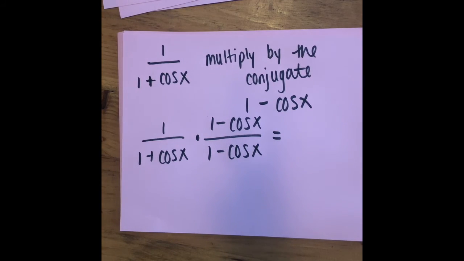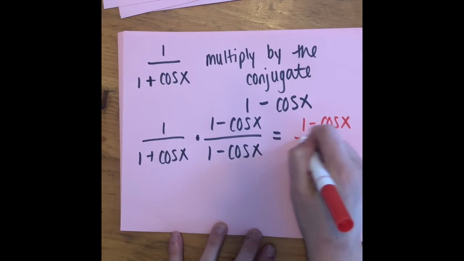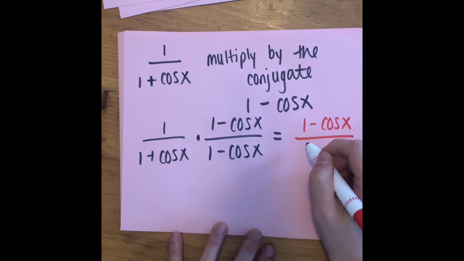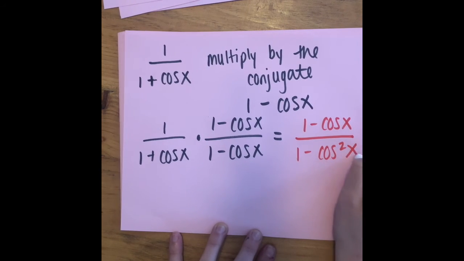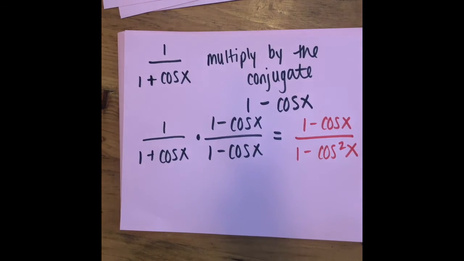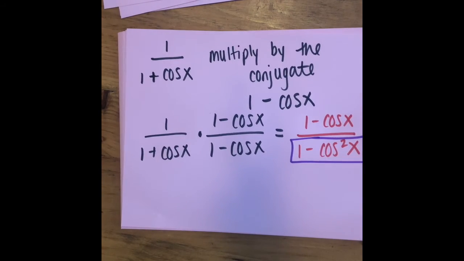Well, what happens when you get that? You get 1 minus cosine of x all over 1 minus cosine squared of x. Now we have to check for identities. What identity is that? That's the Pythagorean identity.